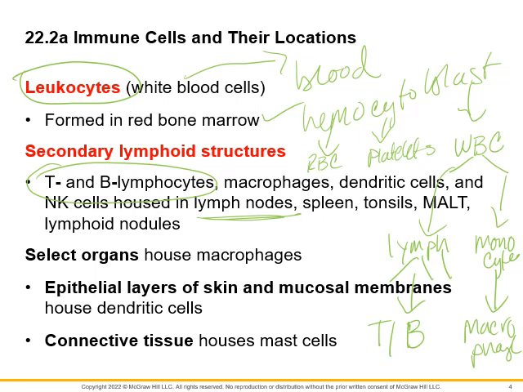MALT is mucus associated lymphoid tissue. So what they're trying to tell you is that these lymphatic tissues will actually have white blood cells that are just sitting there and waiting and monitoring fluid. And this will make a little bit more sense when I explain what happens to really large items. We push them into our lymphatic rather than take them back up into blood vessels.